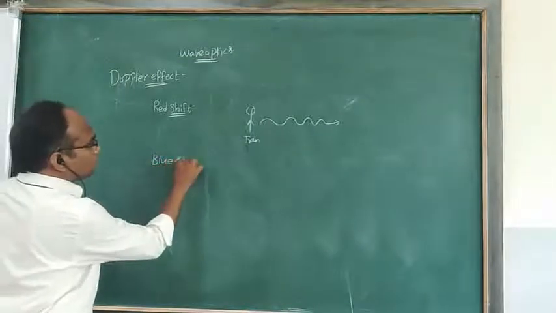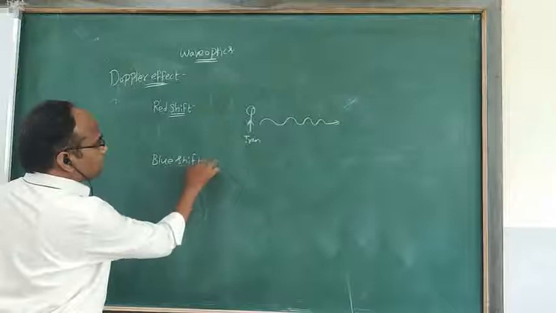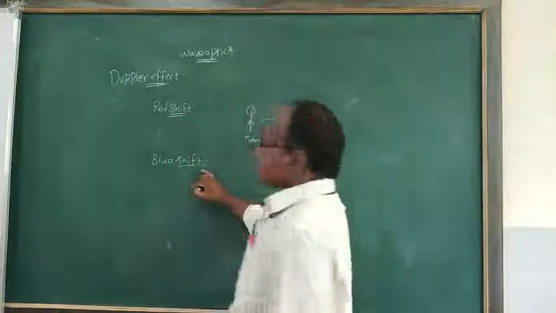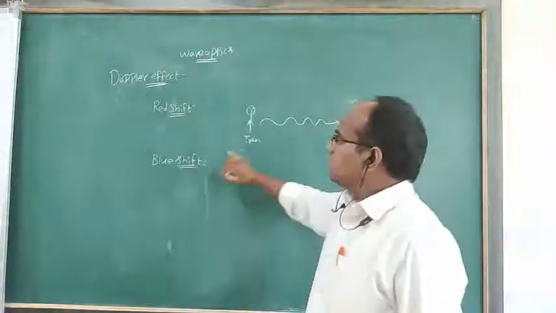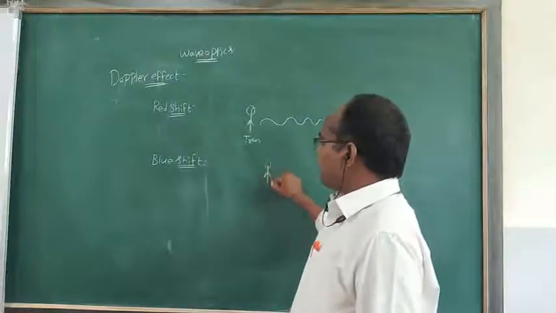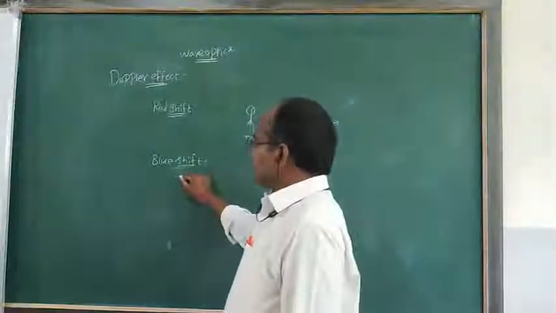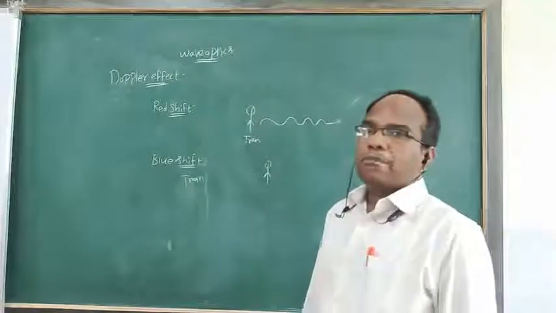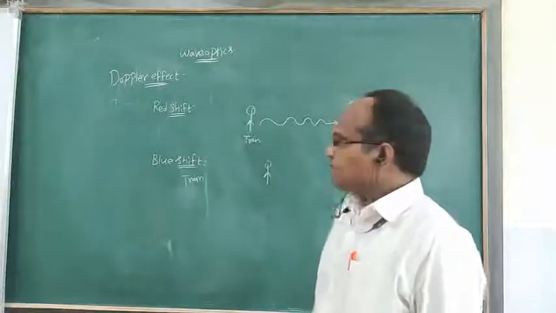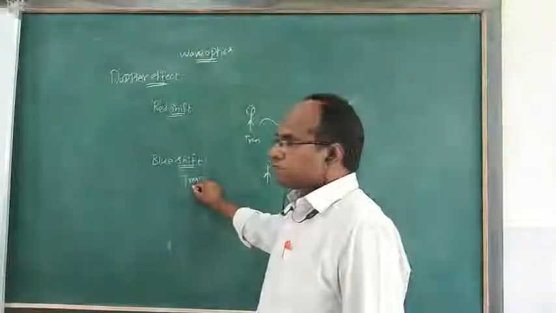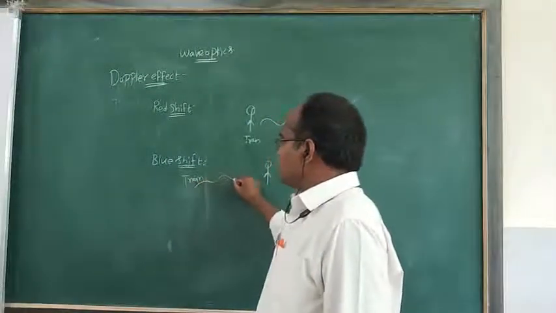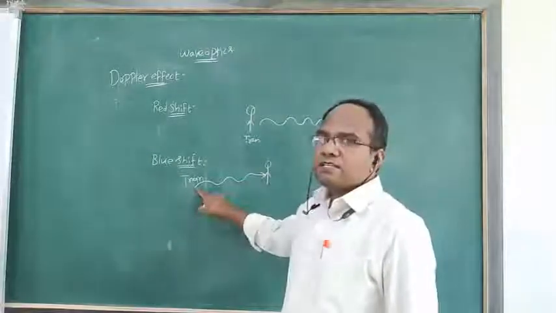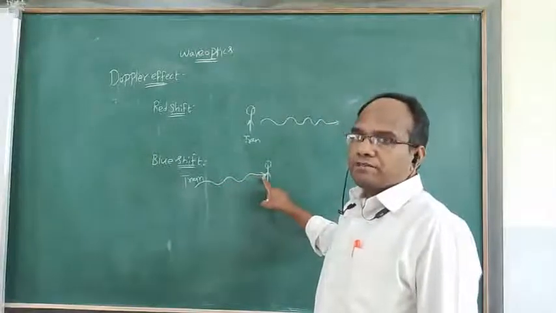What is blue shift? Blue shift means the person is on the platform, the train is somewhere and it is coming near to the platform. So the train is the source, and the source is moving towards the observer.